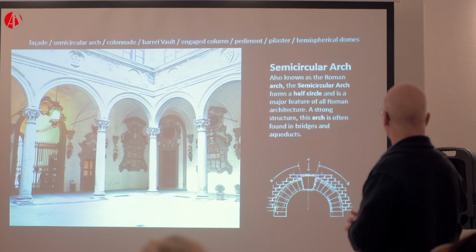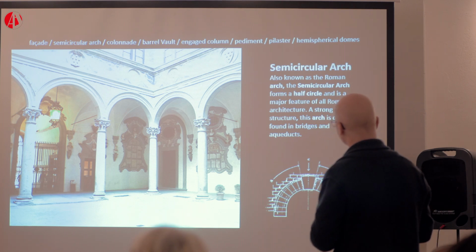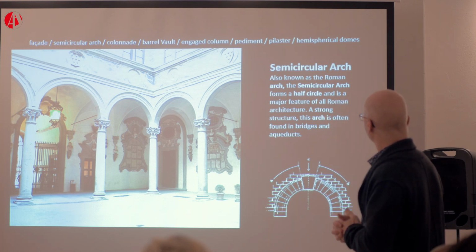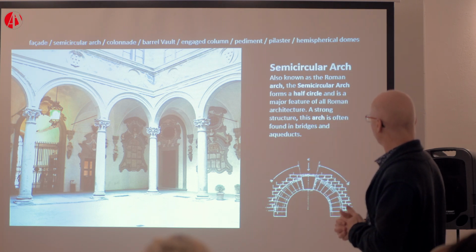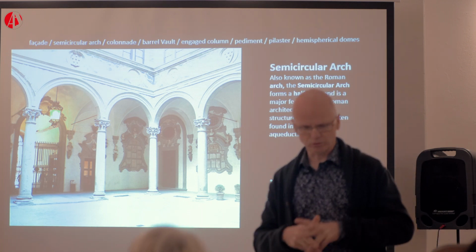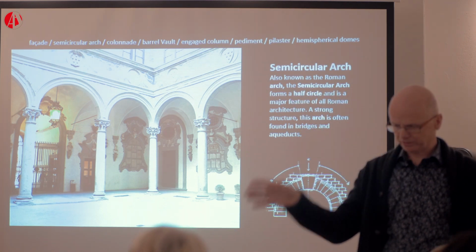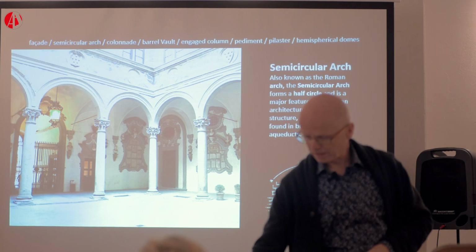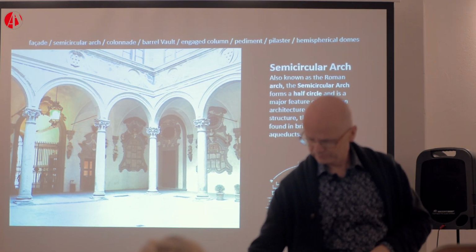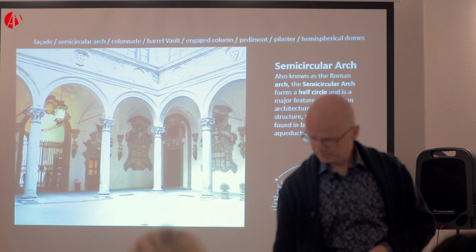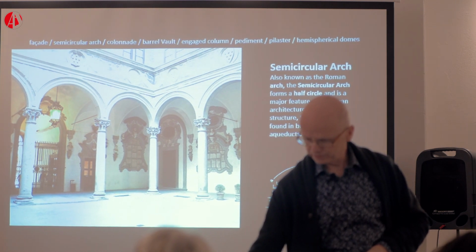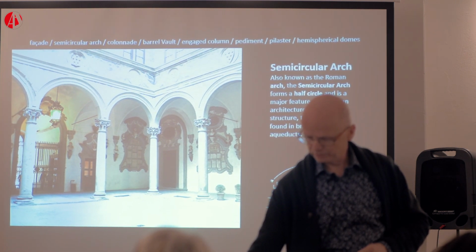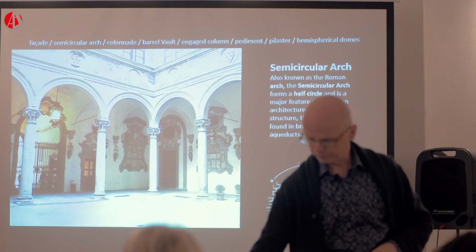The semicircular arch is also a copy from back in the Roman time. It's more like a bridge, right? The bridge is a half circle, and is a major feature in all Roman architecture. You find it in the aqueducts and all over.